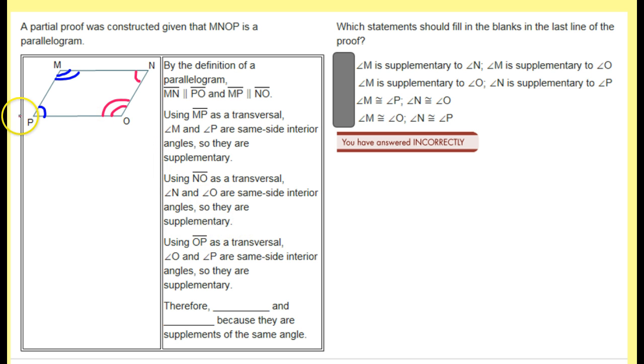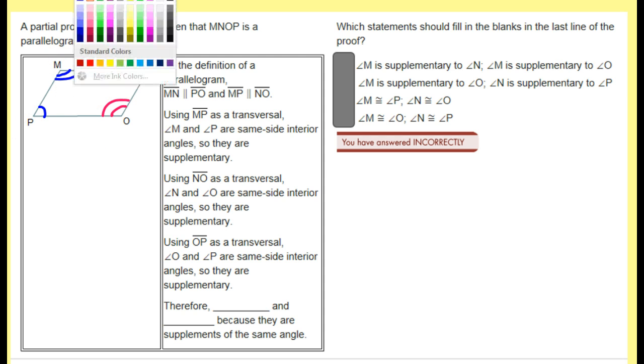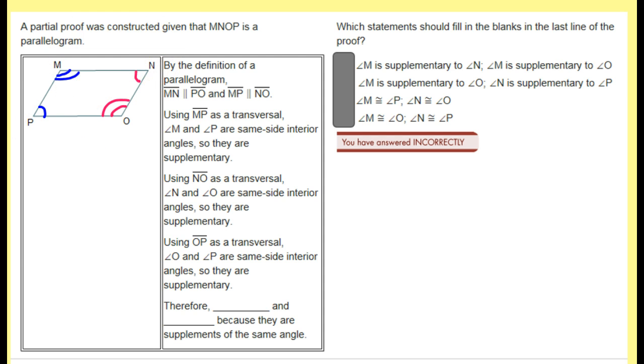Now, using OP as a transversal, okay, now we're looking at these lines up here as being the ones that are parallel. So we're looking at these as the parallel lines being cut by the transversal like this now. So looking at OP as a transversal, O and P are same side interior.